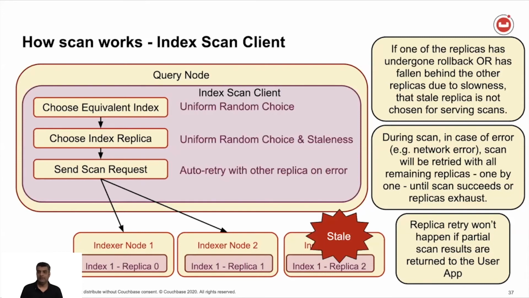Auto retry with the replicas is tried until all replicas are exhausted. And if, while the scan was ongoing and some results were already returned from the indexer node to the query node, the error happens, then in that particular case the scan is termed a partial scan, in which case auto retry doesn't happen.